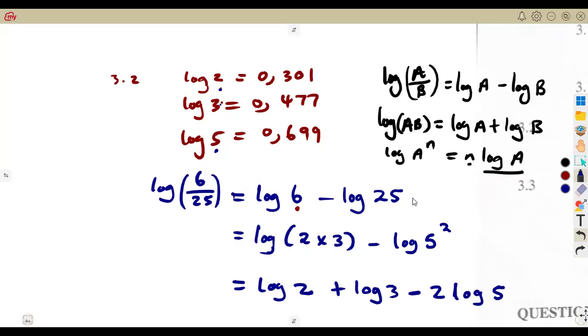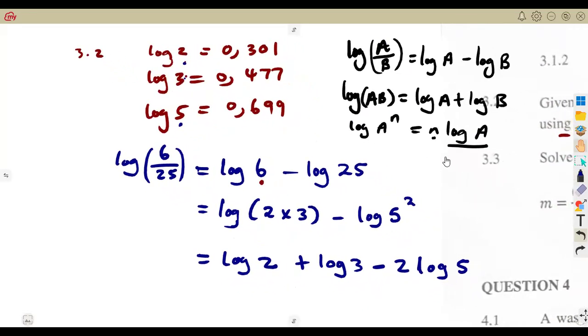Guys, once you see these logarithms separated in this manner, substitution can be done. You do not just substitute because there is a log there. You see that 2 times 3, no, we do not have log 2 times 3.